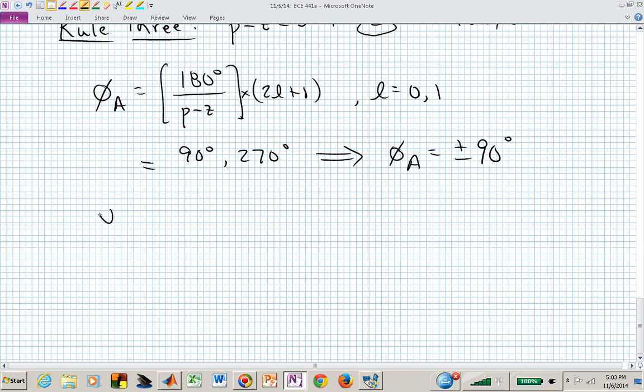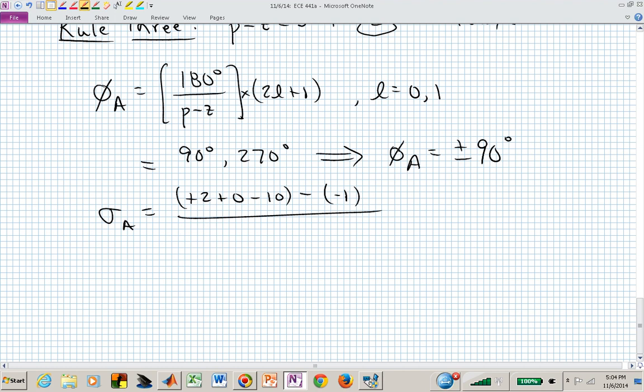It's important for this case to locate the centroid of those asymptotic angles. Sigma sub A is now the sum of our poles. We had a pole at +2, we had a pole at the origin, and we had another pole at -10. And we then had a zero at -1.